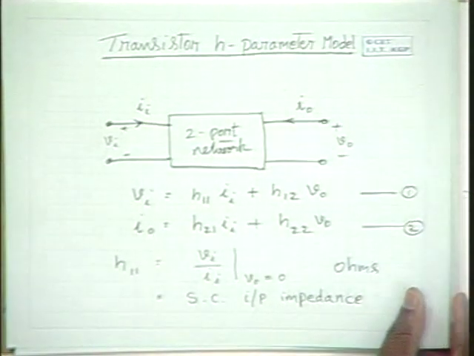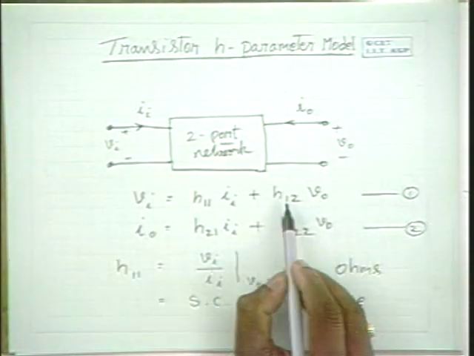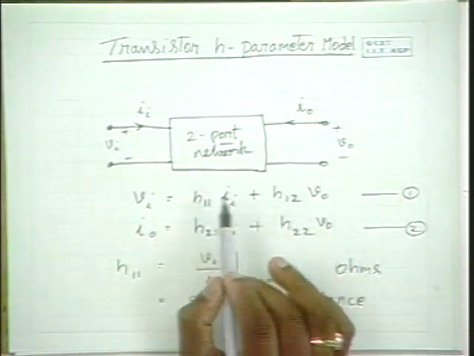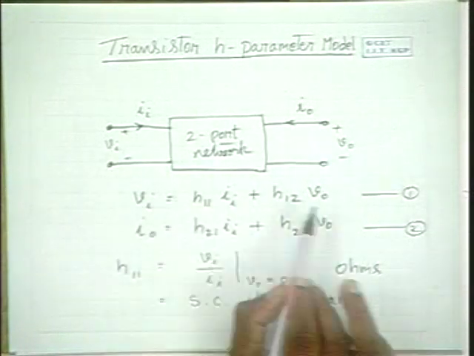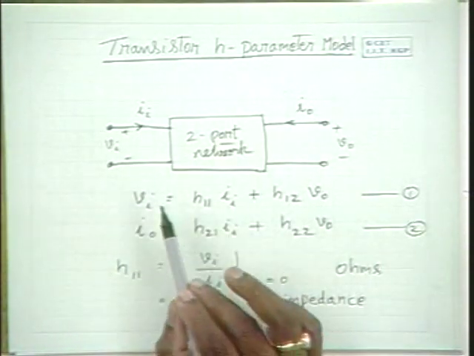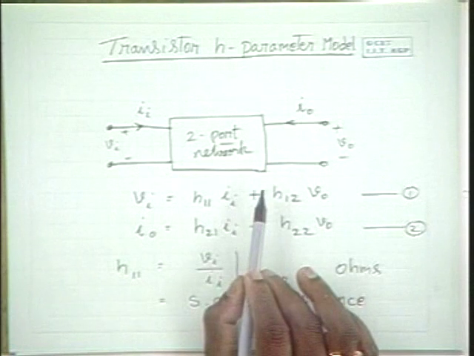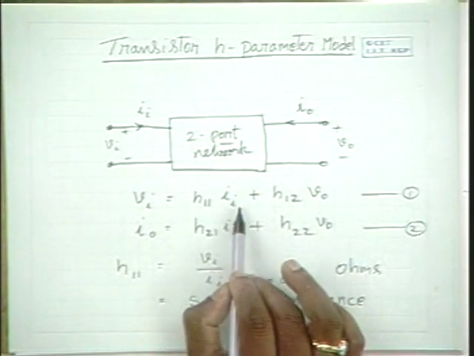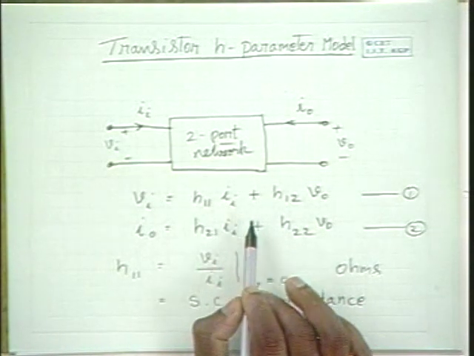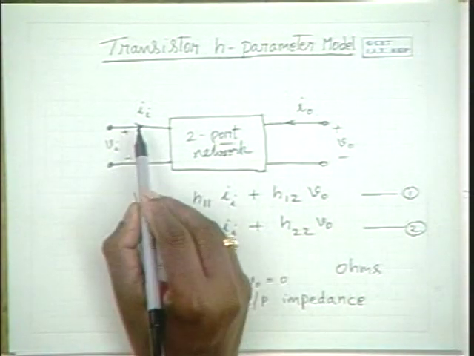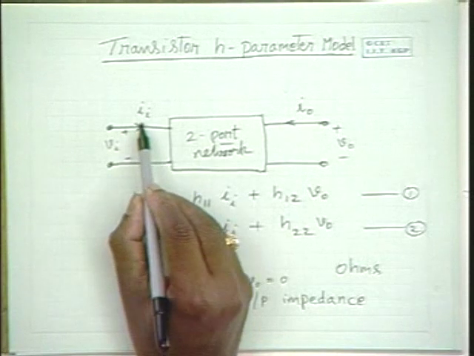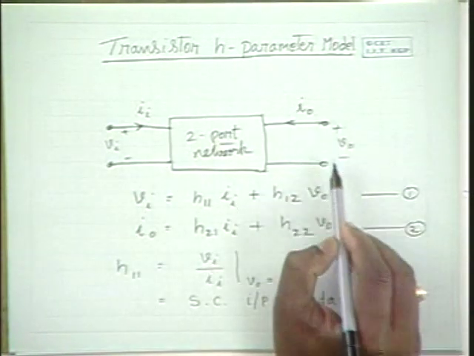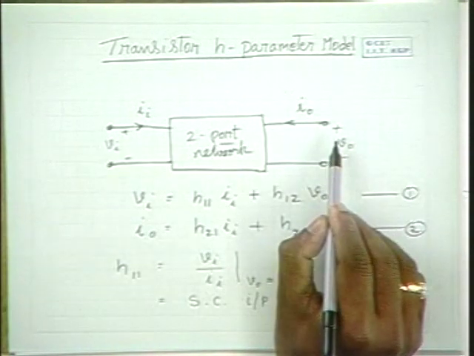Now similarly, you have H12. H12 in this equation is a proportionality constant between Vi and V0, and it is equal to Vi by V0 when Ii is 0. That means when you make the Ii 0, that means when you open circuit the input and excite some V0 over here at the output port.